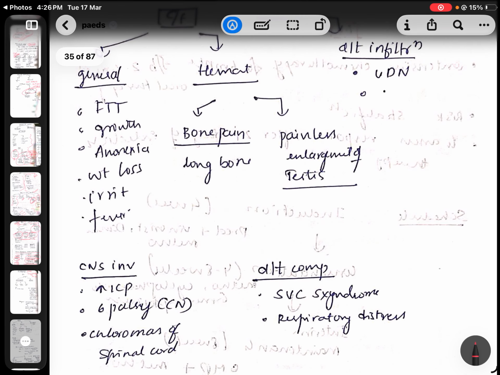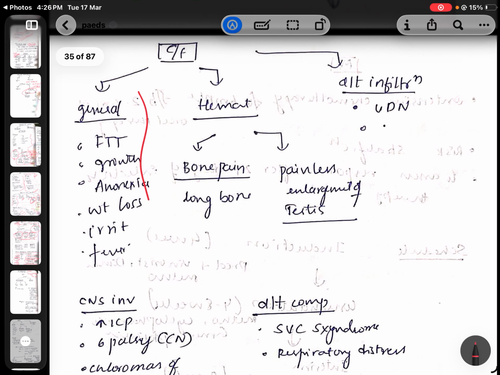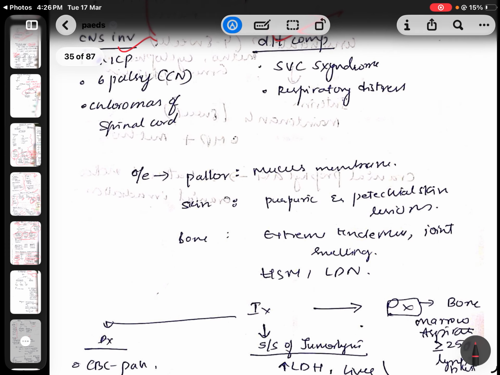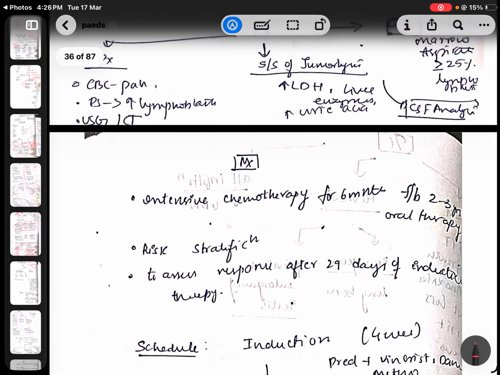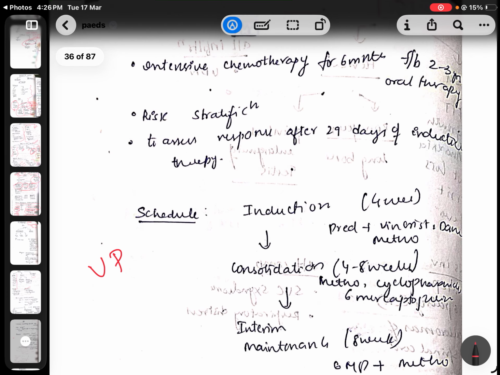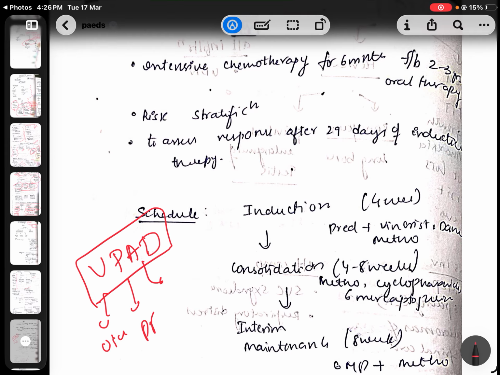Again, the same thing here about leukemia. I don't want to talk much. While writing clinical features, you can write due to infiltrative CNS and due to compressive symptoms. While mentioning the schedule, you can talk about VPI, that is vincristine, prednisolone and asparaginase, and doxorubicin.